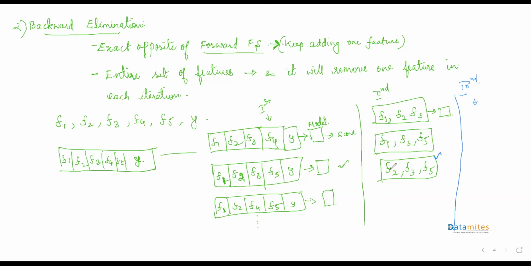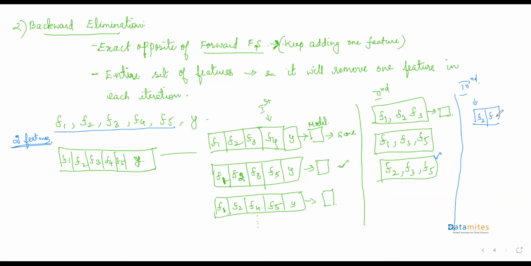In the next iteration, it will remove any one feature from this and find out which is giving good performance. So here, if the number of features we have asked for is 2, let's say out of this we want only 2 important features, then it will try until we get the 2 features. Here we have 3 features, so again it will try removing 1 feature from this and find out which is giving good performance.